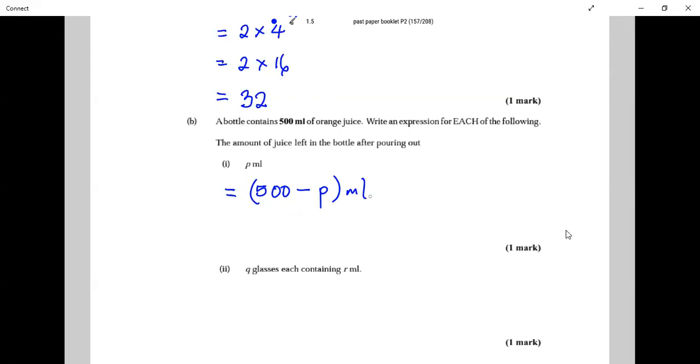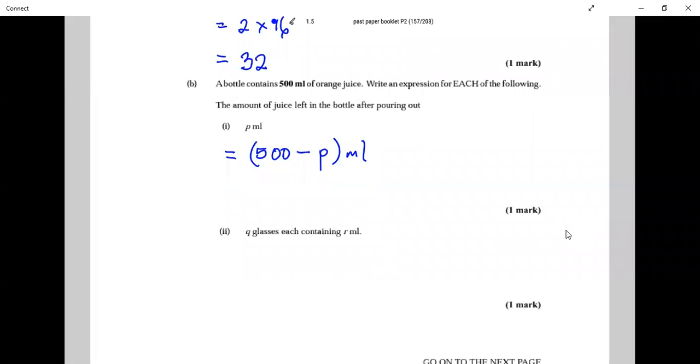This says Q glasses when each glass contains R milliliters. So in a sense, you're going to pour out Q glasses when each one contains R ml.